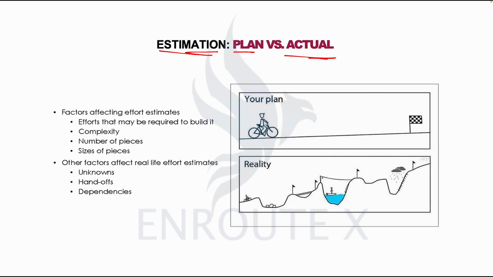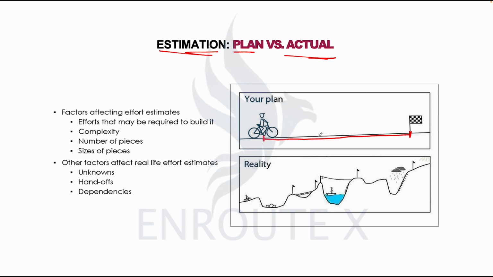Let's look at this picture for one moment. While you're planning, this young man assumes that he is to embark on a journey from point A to point B. And the assumption is that the journey would be smooth, right?